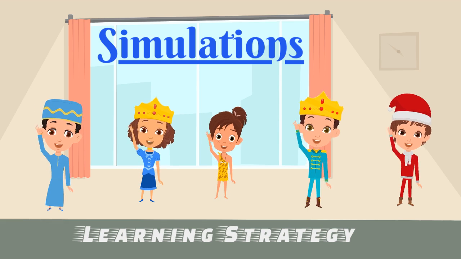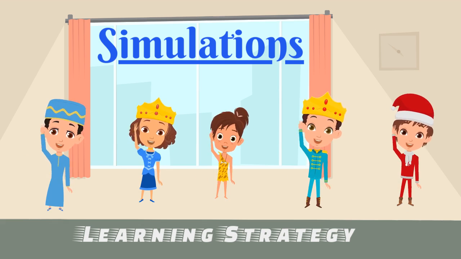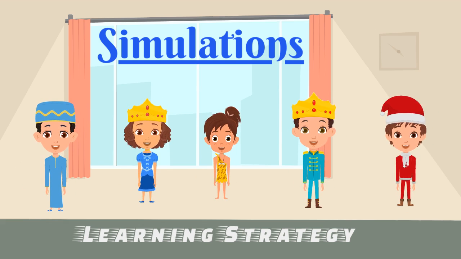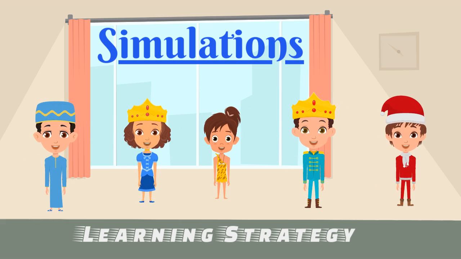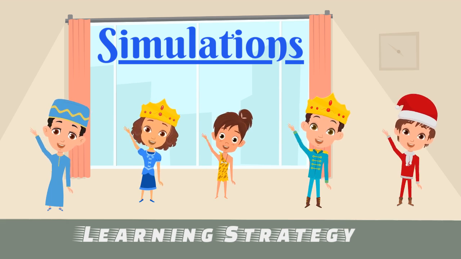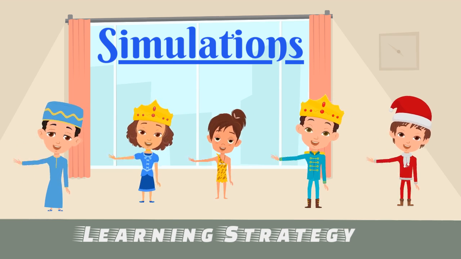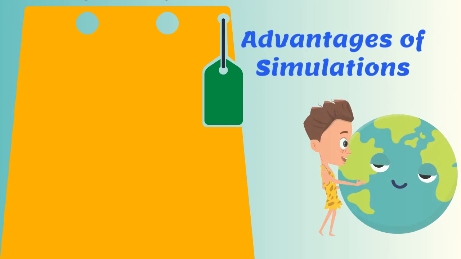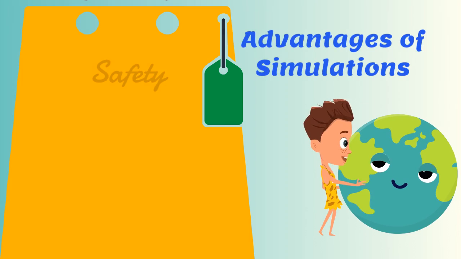Learning strategies, ninth stop, simulation. This allows learners to confront a scaled-down version of a real-life situation. It permits realistic practice without the expense or risk involved. Beyond role-playing, simulations can represent situations that may be too large or too complex to bring into your classroom. Using simulation offers advantages such as safety.